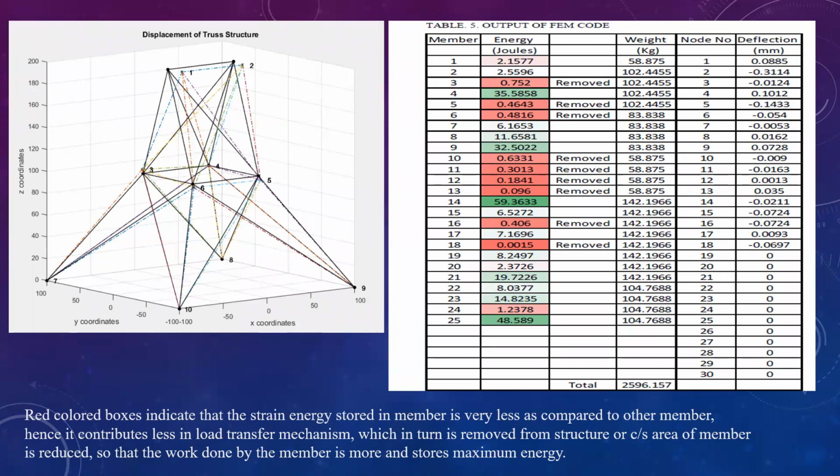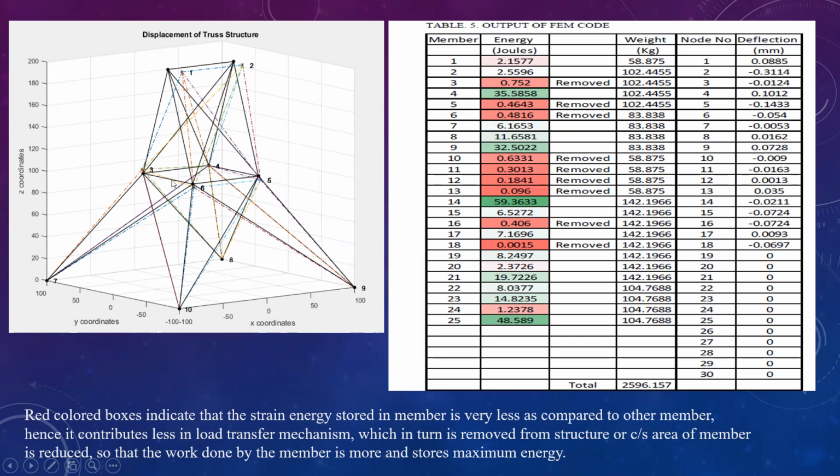So here we can see that the displacement of the truss structure is given with the red colored boxes with strain energy less compared to other members, hence they contribute less in the load transfer mechanism, which in turn are removed from the structure. As we can see here, members 3, 5 and 6 and 10, 11, 12 are to be removed.